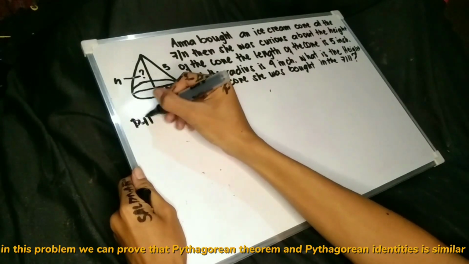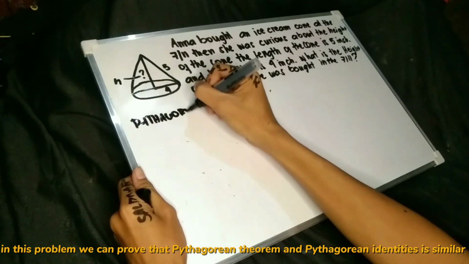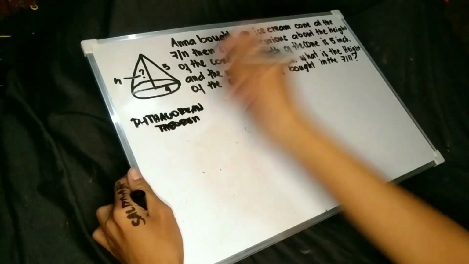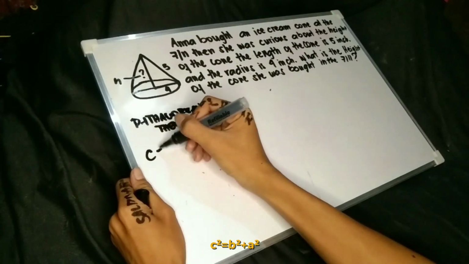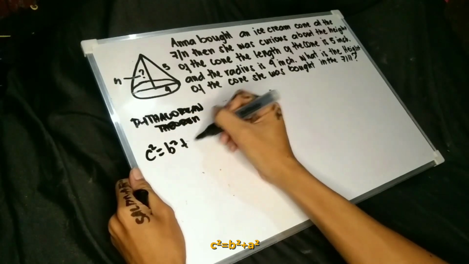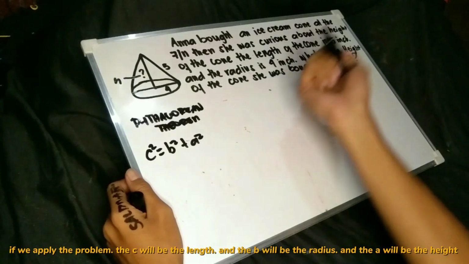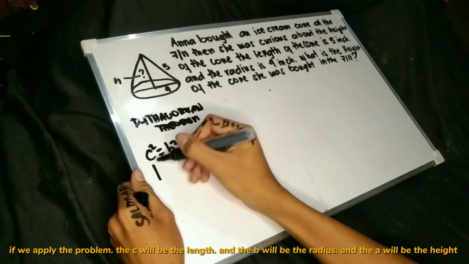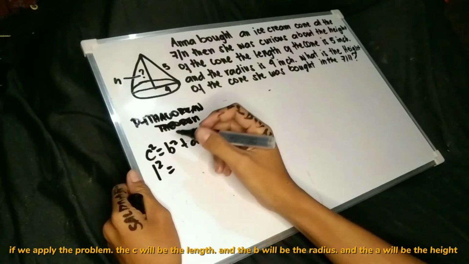In this problem, we can prove that the Pythagorean theorem and Pythagorean identities are similar. C squared equals b squared plus a squared. If we apply it to the problem, c will be the length, b will be the radius, and a will be the height.